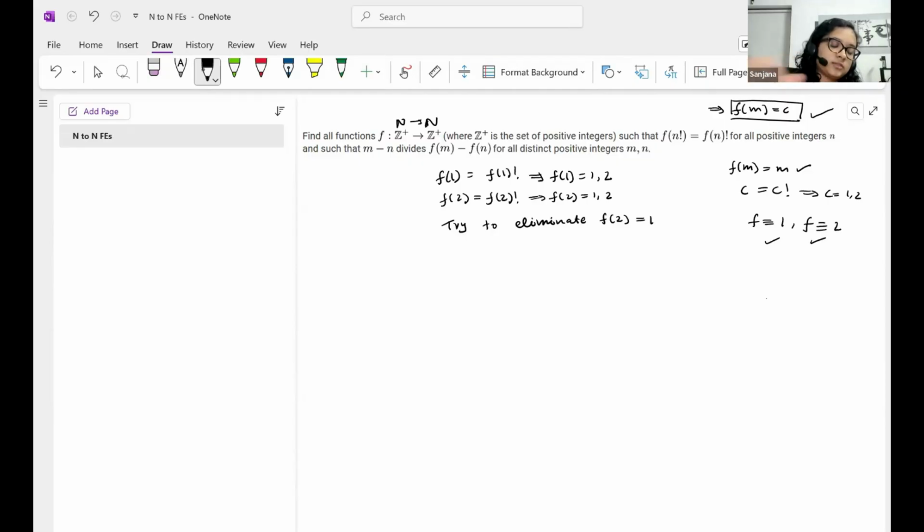Also, something else I'd mentioned is trying to combine both the conditions. So we have that m minus n divides f of m minus f of n. If we put the factorial thing into this, then what do we get?